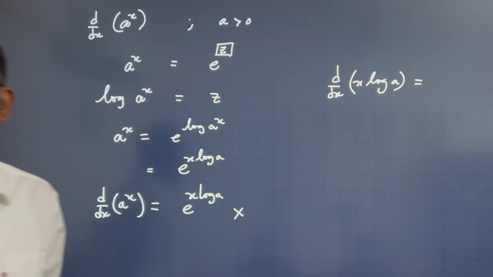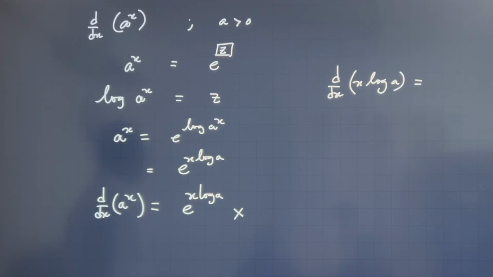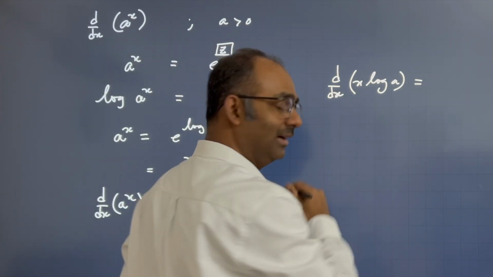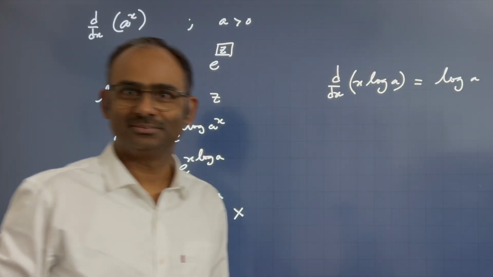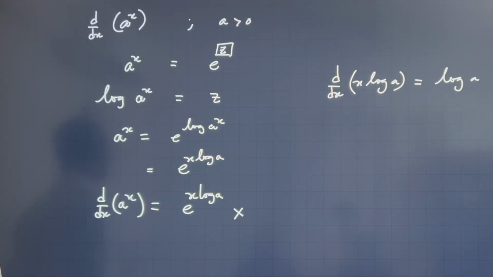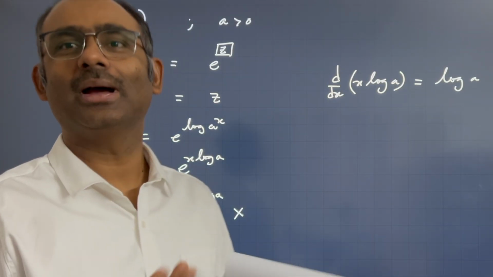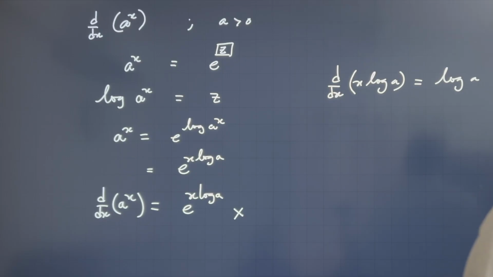Tell me. No, I am asking you, tell me. You don't know? Log of a. Derivative of 2x is 2. It's okay, it happens.